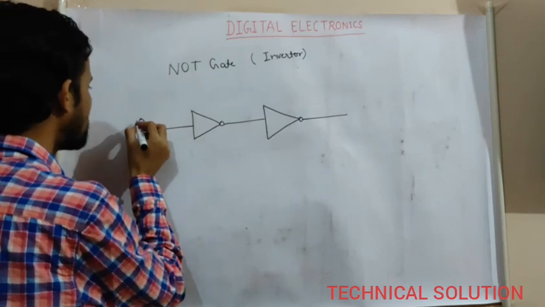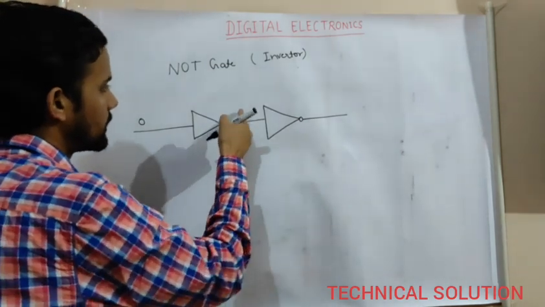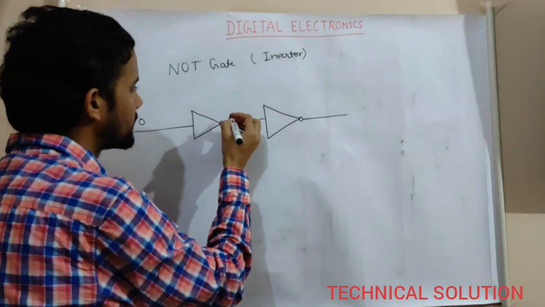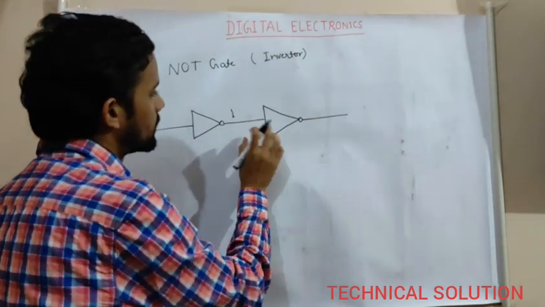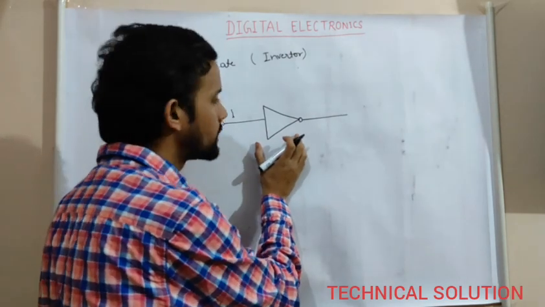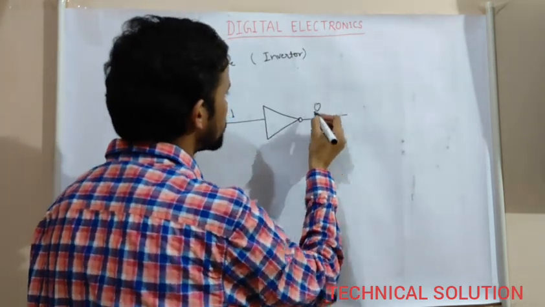If you give 0 here, then this will invert the input and we get 1 as the output. Again, if this is passed through this inverter, then we get 0 as the output.